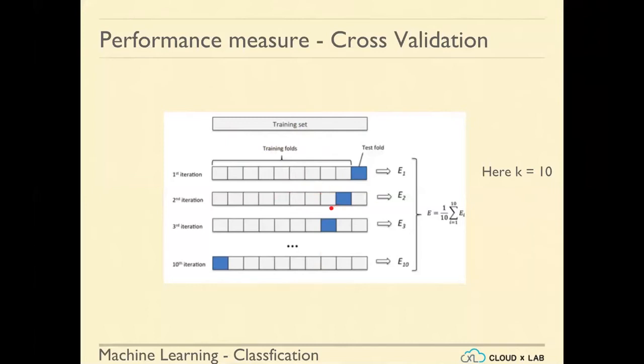So this technique is called cross validation. We keep 10% of the data here and train with 90% of the data, and then test against that 10%. Then we choose another piece, use it for testing and the remainder for training, and that's all we keep doing. The error that we get is the average of all of these errors.